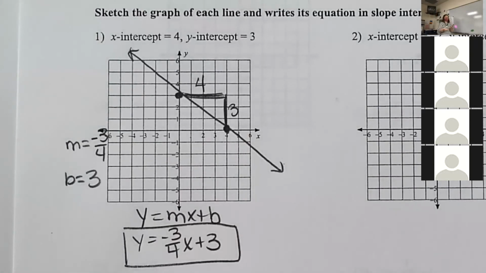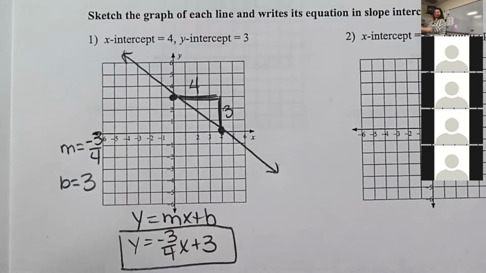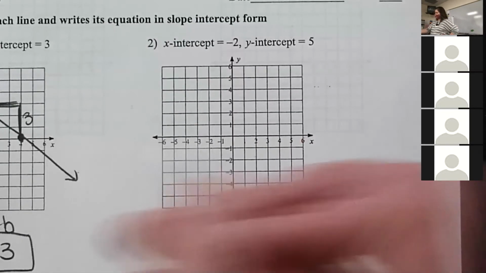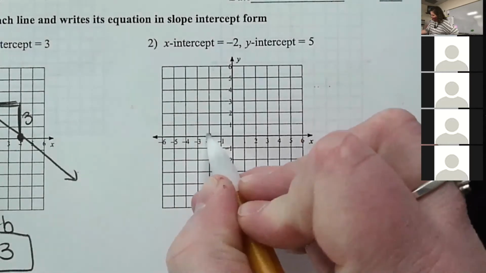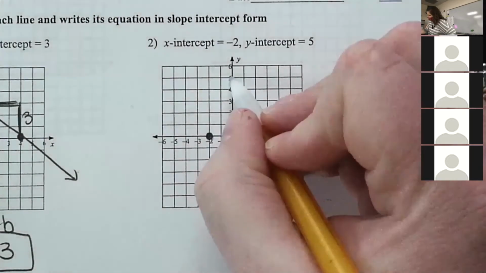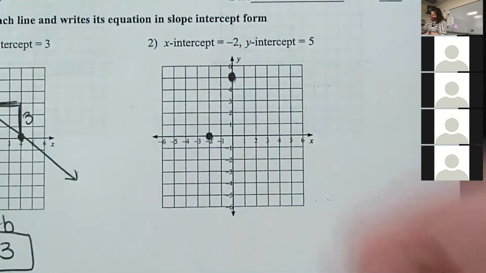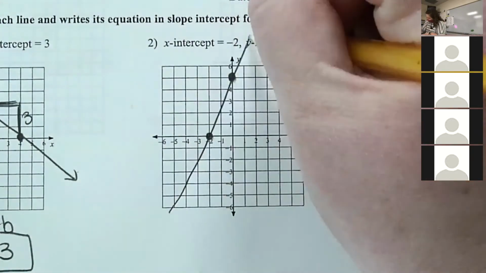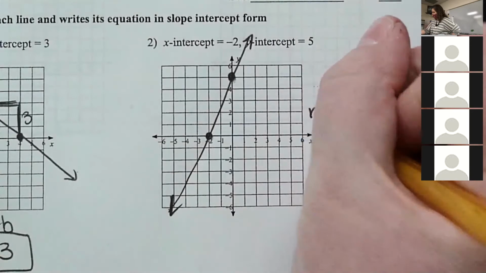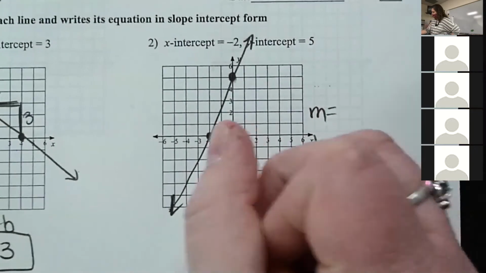So I sketched it and I wrote the equation. Let's do one more to make sure that we understand what we're doing. X-intercept of -2, so on the x-axis, you cross at -2. Y-intercept of 5, cross at 5 on the y-axis. Between any 2 points, there is a line. Let's sketch that. Still need to know my m and my b because I need my equation.